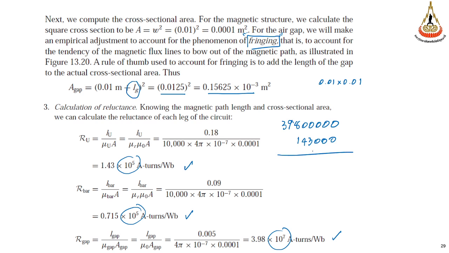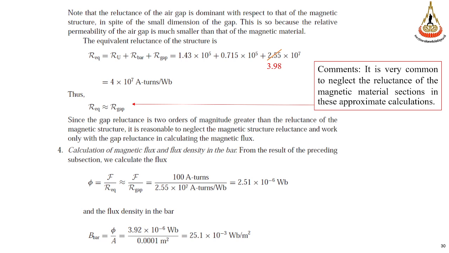It's much different. That's only this value. So we can consider most of it comes from the air gap. The reluctance that affects the circuit is mainly from the air gap. So the total reluctance will be these three terms added together.